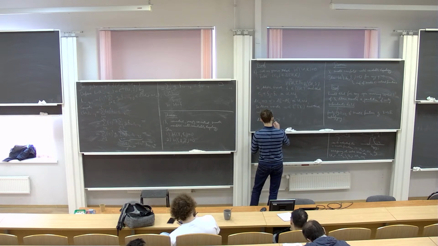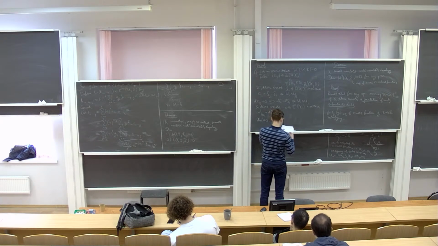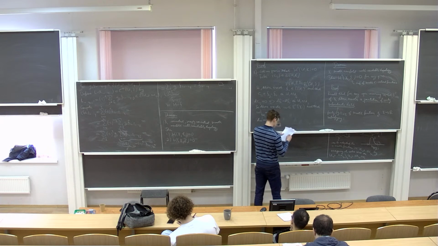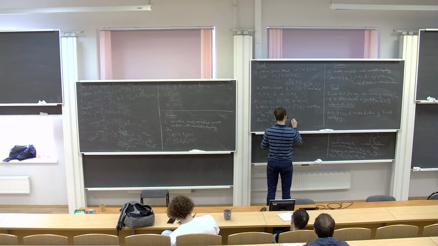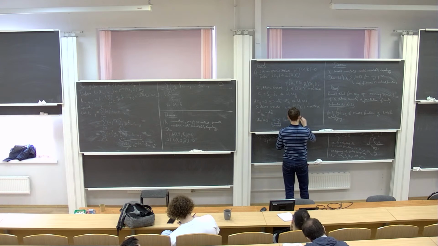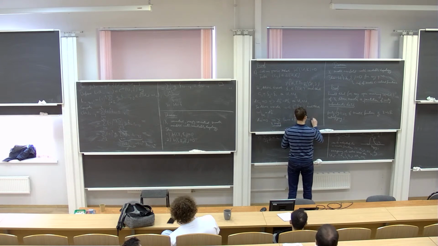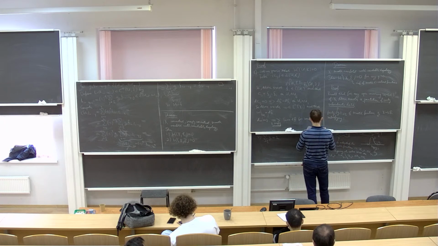So X is simply connected, and we know that omega is d f for some smooth function f on X.